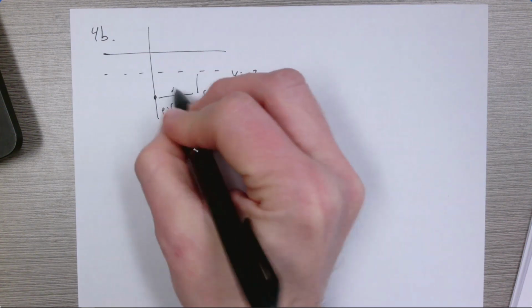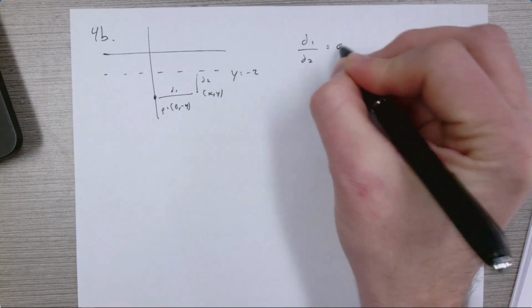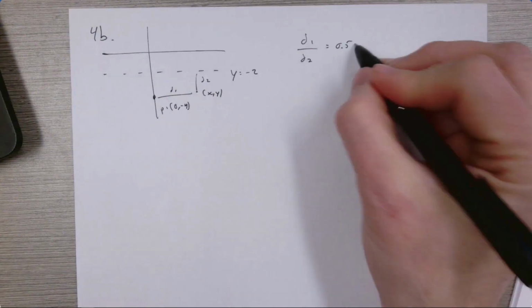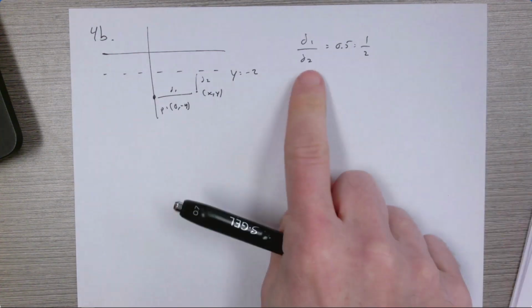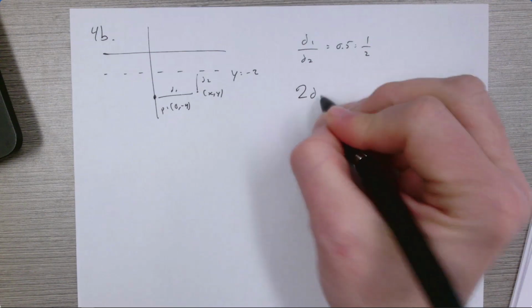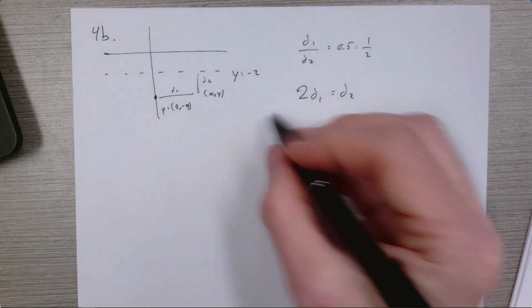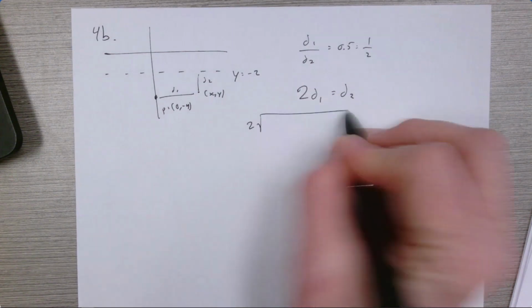And I've got distance 1 and distance 2, but this time the ratio of distance 1 to distance 2 is 0.5, which is the same thing as 1/2. So I'm going to multiply by d2 and multiply by 2, so that gives me 2 distance 1 equals distance 2. And now we can just do the same derivation we always do.